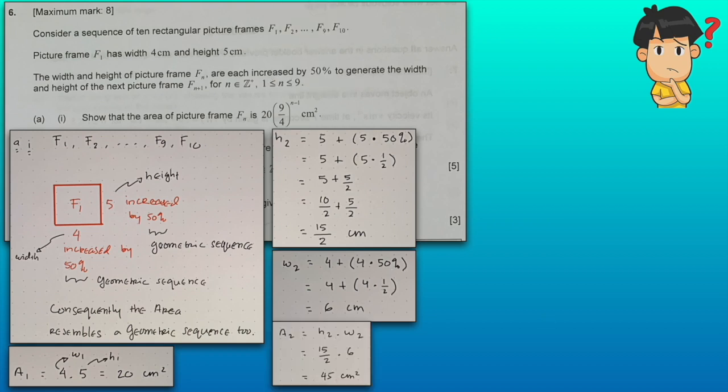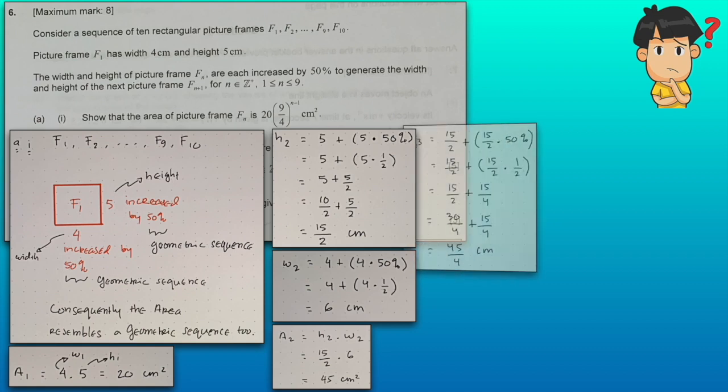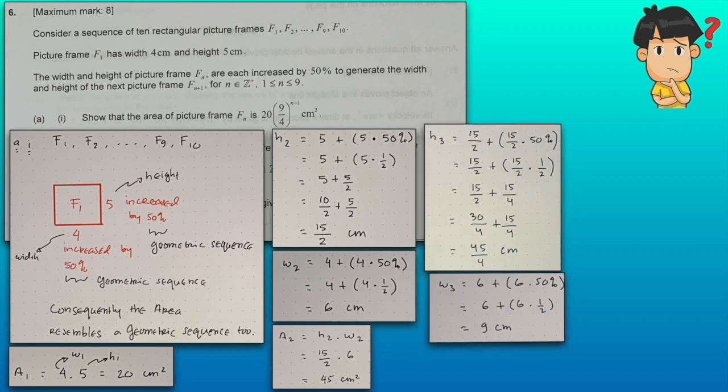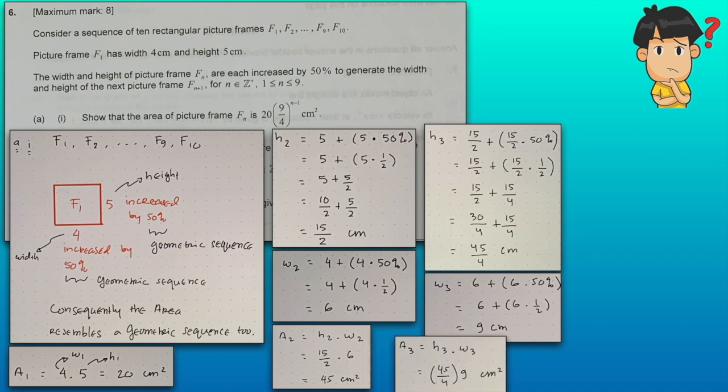Then we can find area 2, that's equal to height 2 multiplied by width 2, that's equal to 45 centimeters squared. Using a similar method, we can calculate height number 3 and width number 3, and we can also calculate area number 3.